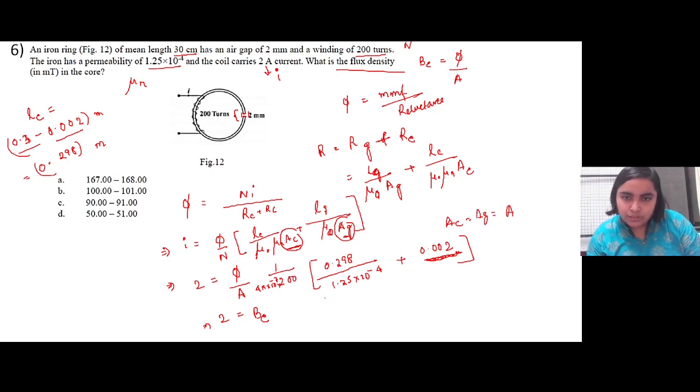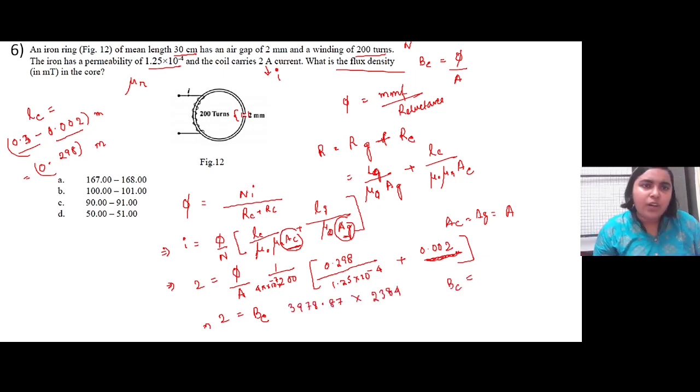Okay, we have done one small thing. Here the relative permeability of iron is not given. It is the permeability of iron that is given.